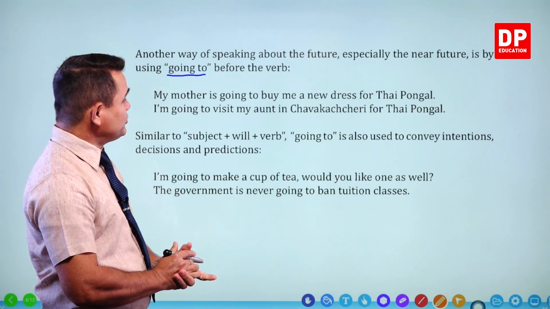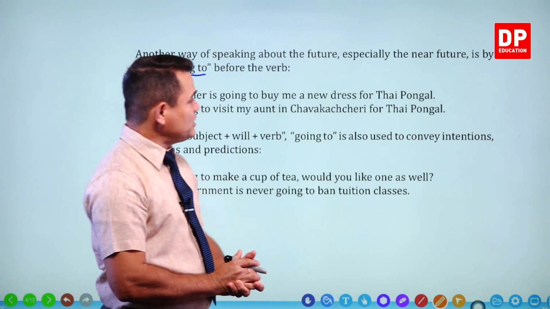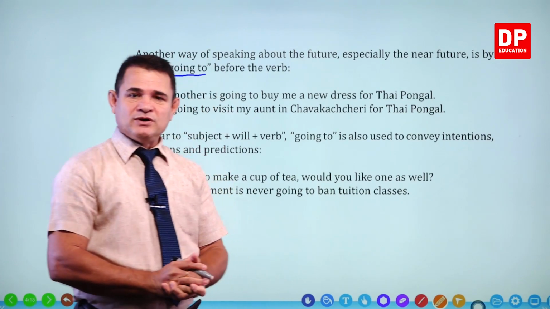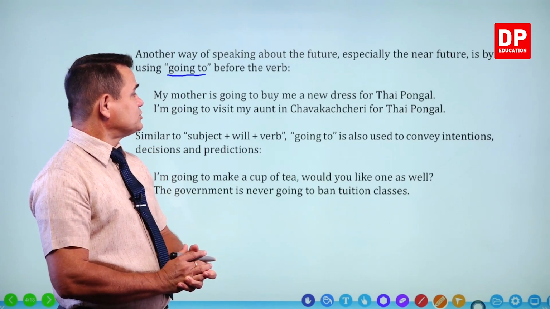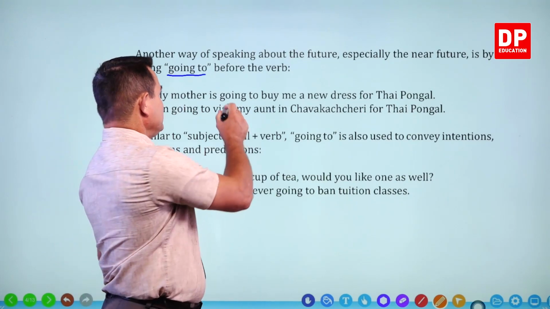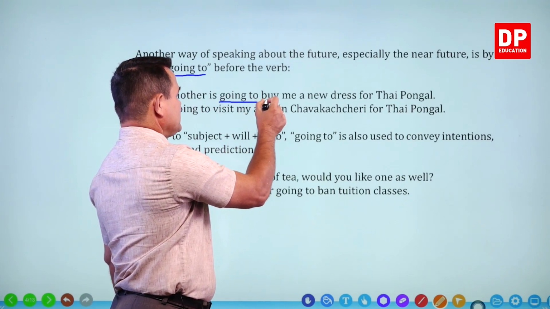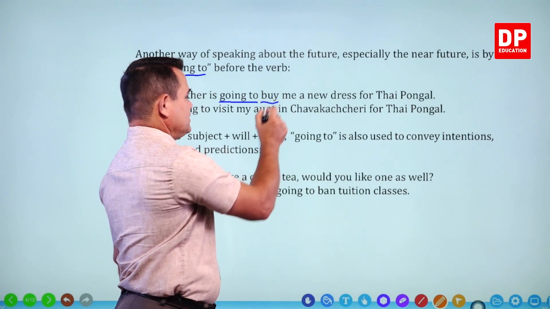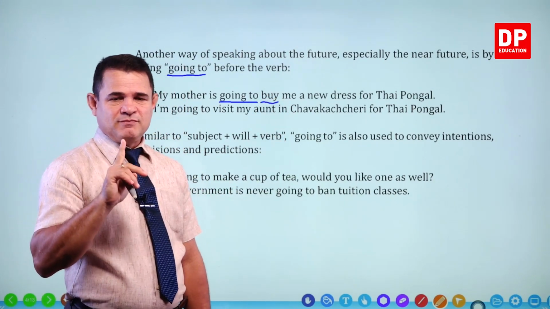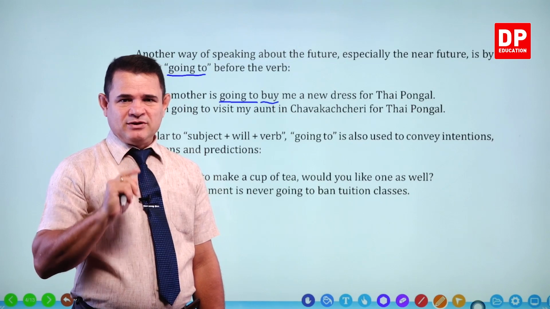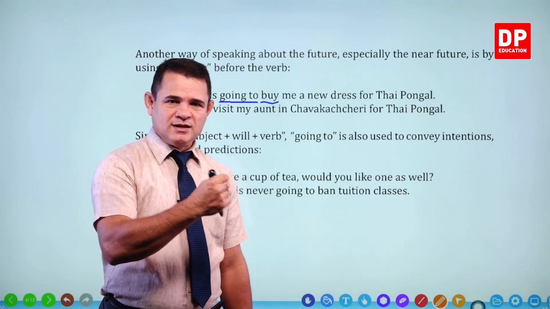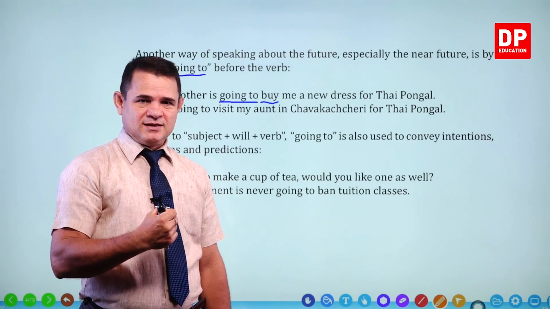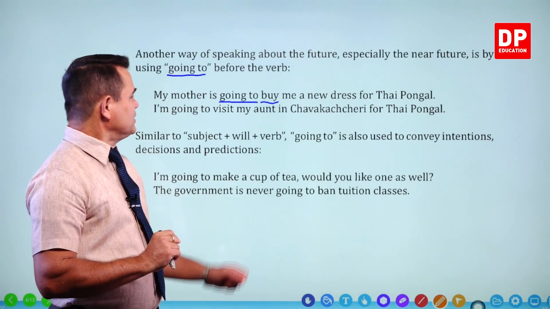My mother is going to buy me a new dress for Thai Pongal. My mother is going to buy. හැබැයි going to එක්ක බලන්න ක්‍රියාපදය first form. base 1 ක්‍රියාපදයේ පළවෙනි ස්වරූපය එන්නේ. going to buy, going to read, going to play ඒ වගේ. first form of the verb.